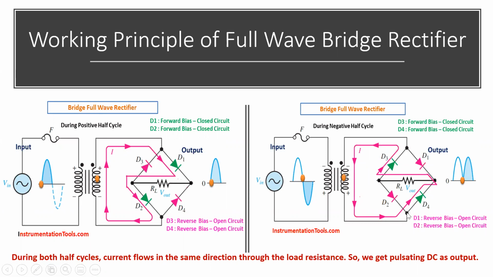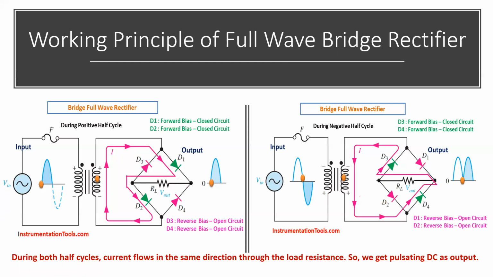Along positive, the current comes here and reaches this junction. Which path will the current take, D4 or D2? D4. Why? Because D4 is forward and D2 is reverse. So it will go through D4 and reach the junction here. Now which path will it take, the load resistance RL or D1?